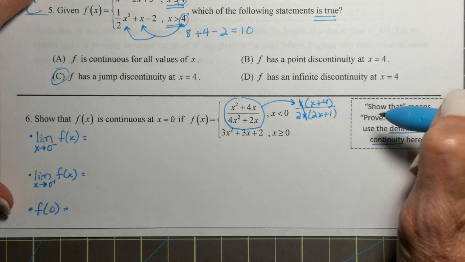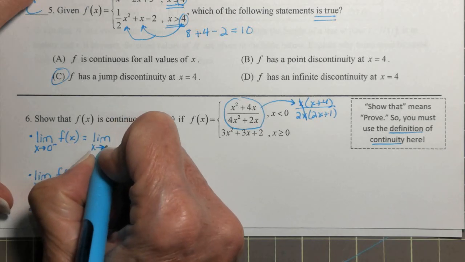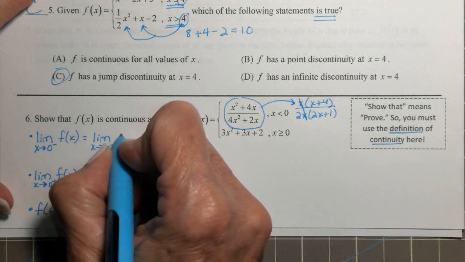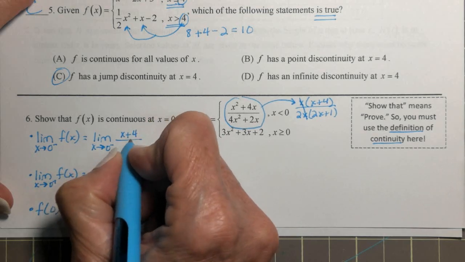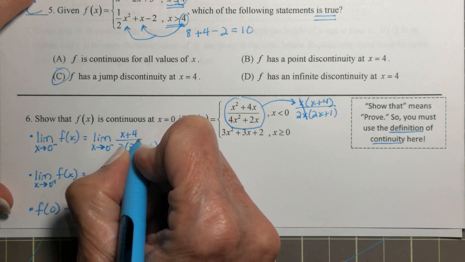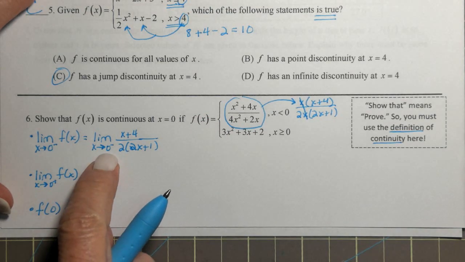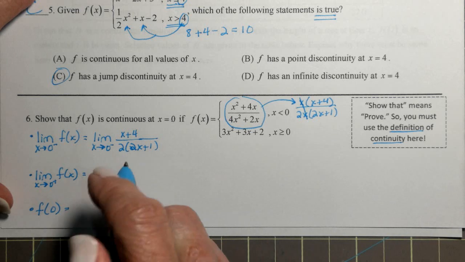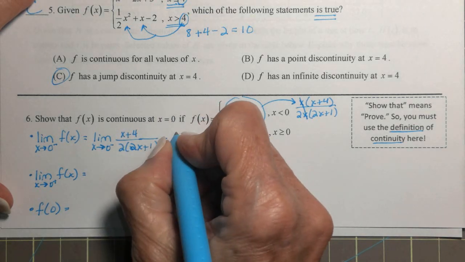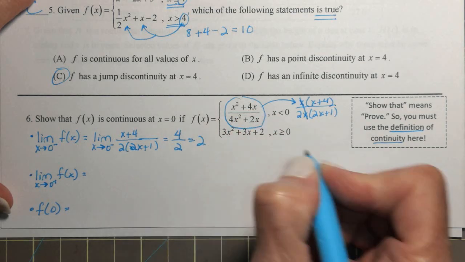They reduce to 1. So I am left with the limit as x approaches 0 from the left of x plus 4 over 2 times 2x plus 1. I can put 0 now in for x, and I get 4 over 2, which is 2.